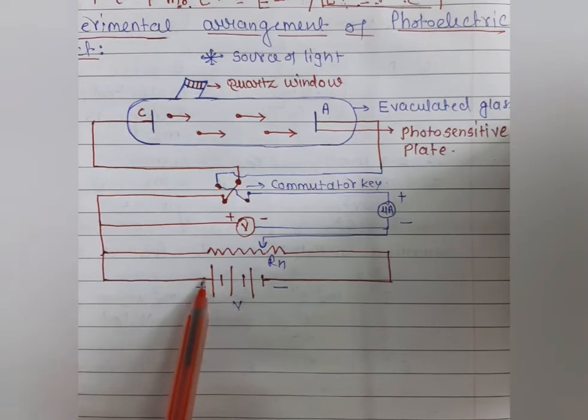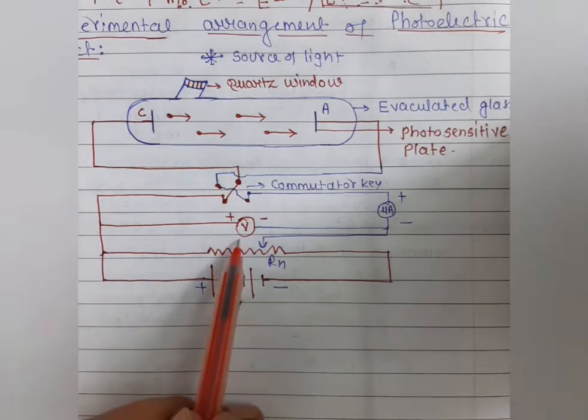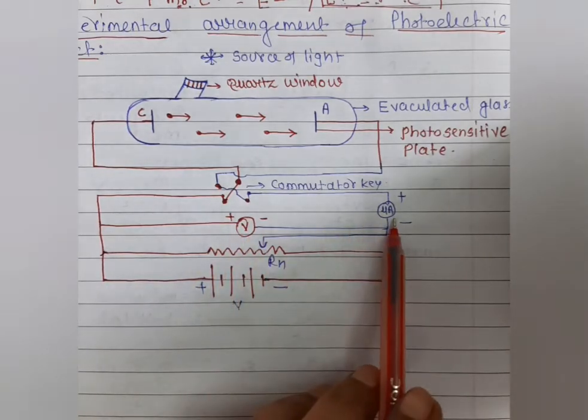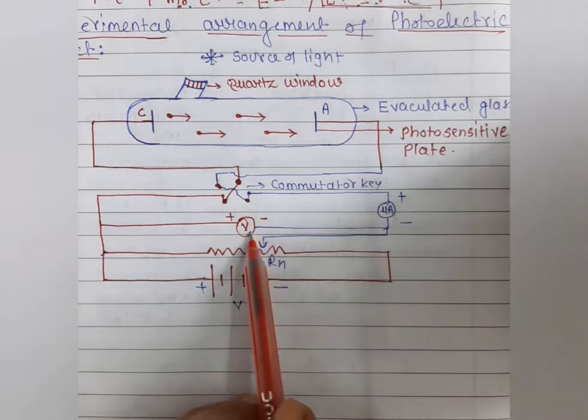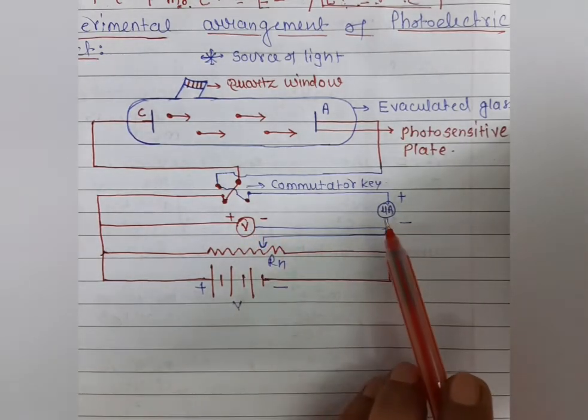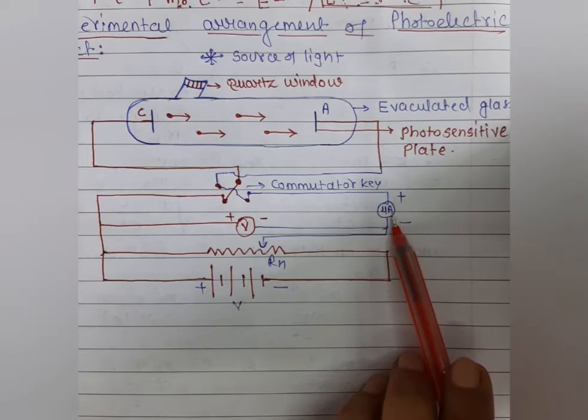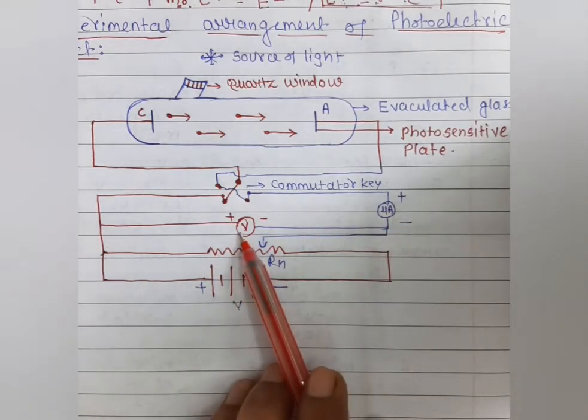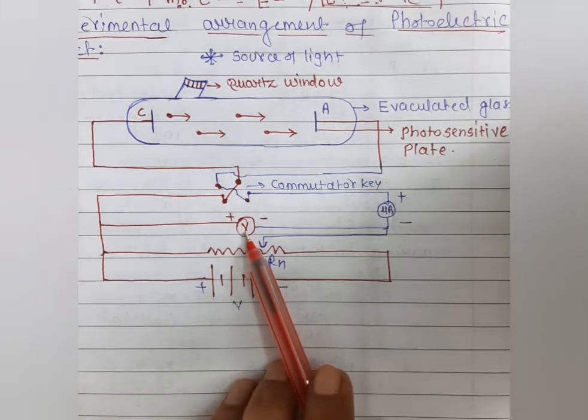Here we are keeping a micrometer and a voltmeter. As you know very well, students, the micrometer measures the current, and the voltmeter measures how much energy source strength is required in a given circuit.